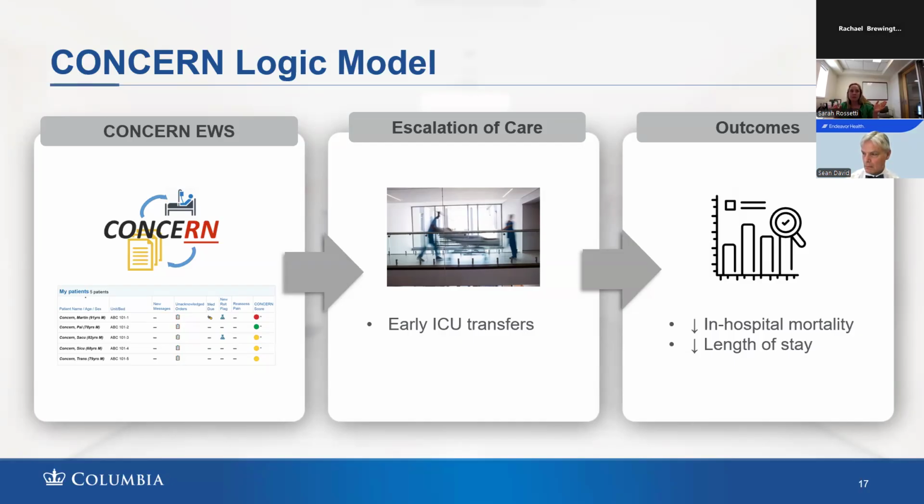So we were able to demonstrate, using when the concern score changed, that the early transfers for our concern intervention units really made an impact on their risk of mortality.